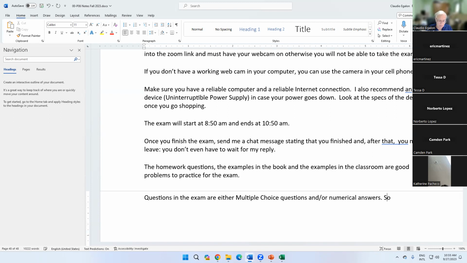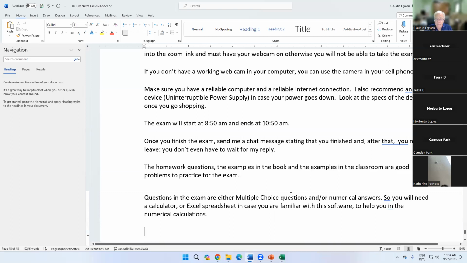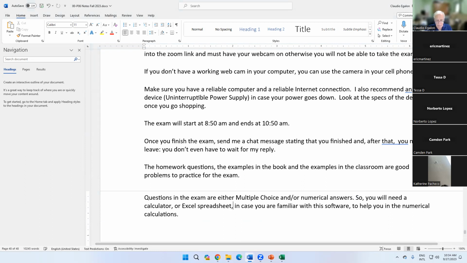So you will need a calculator, or you can even use an Excel spreadsheet in case you are familiar with the software, to help you with the numerical calculations.